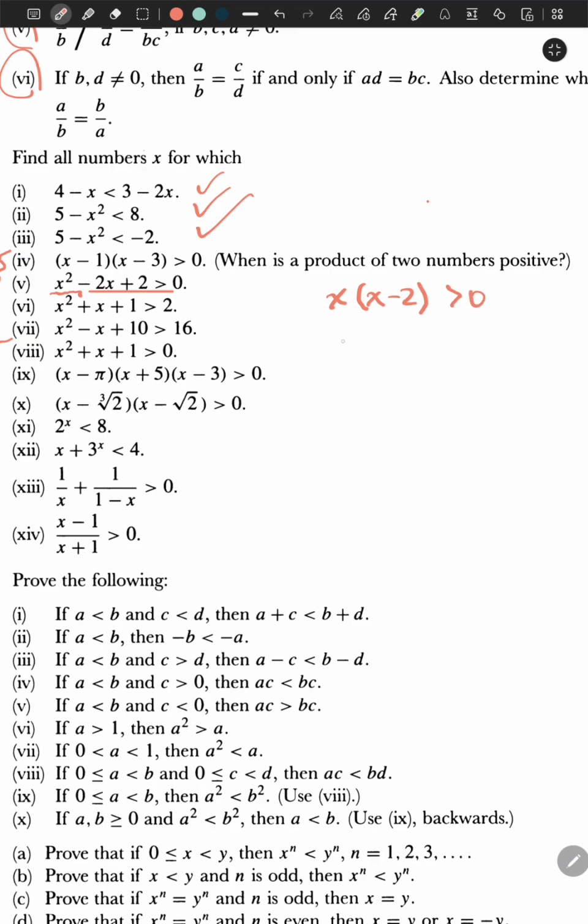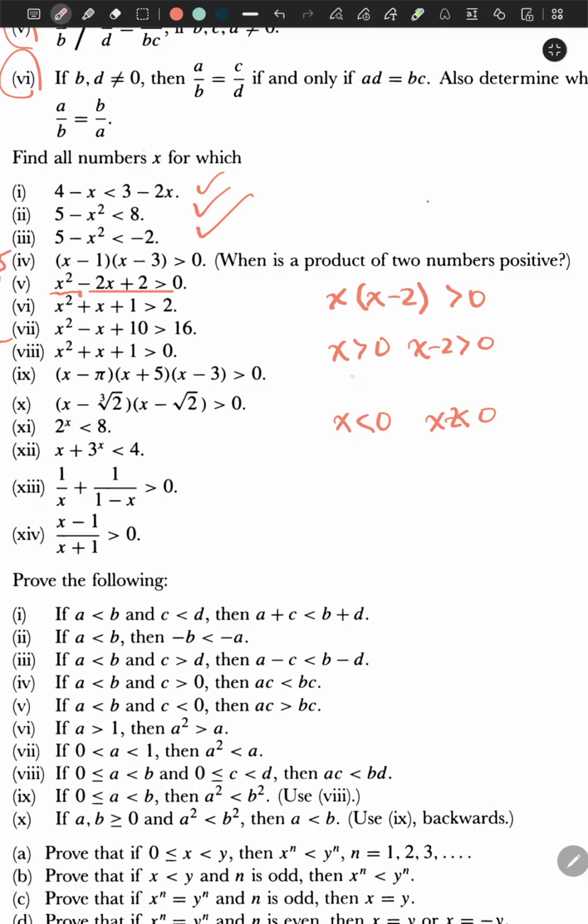When? When is it greater than 0? When x > 0 and x − 2 > 0, and also when x < 0 and x − 2 < 0, right?